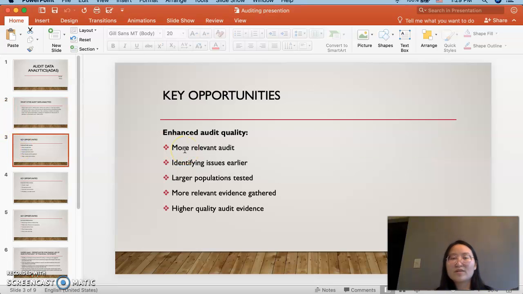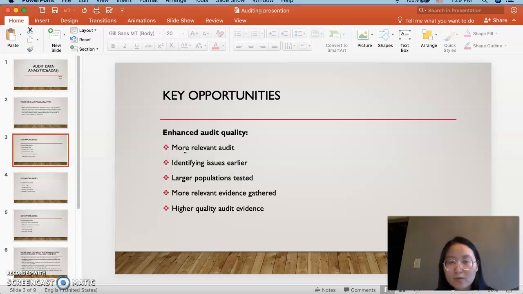And let's move on to the key opportunities. So first, enhance the audit quality. Data analytics techniques and methods enable the audit team to start analyzing client data in the audit process and begin identifying areas that need further investigation.